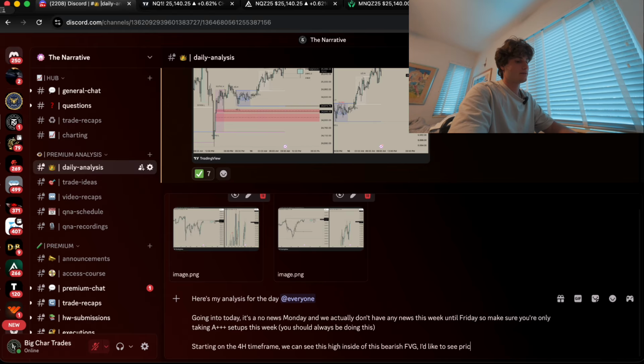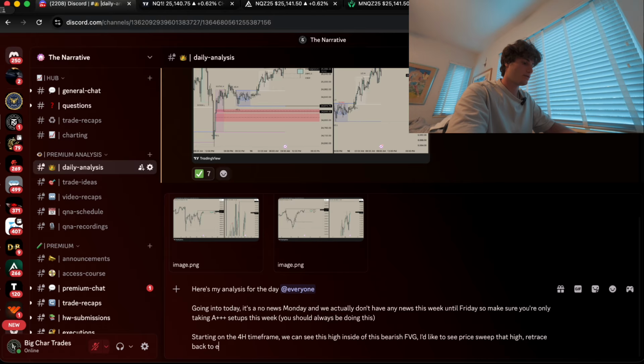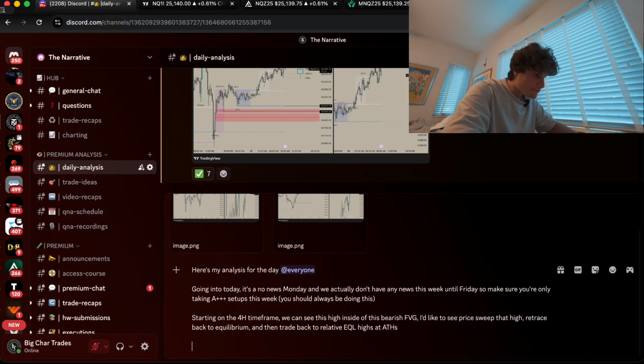I'd like to see price sweep that high, retrace back to equilibrium, and then trade back to relative equal highs at all-time highs.